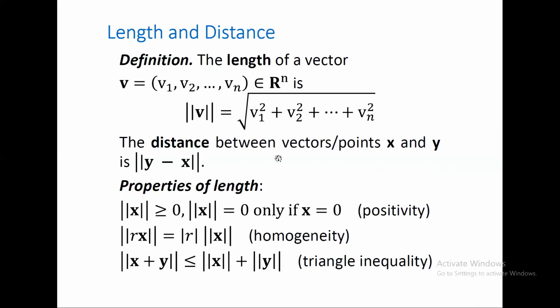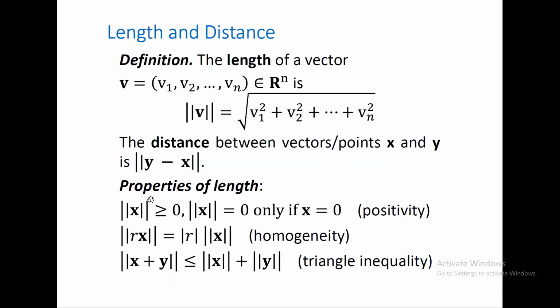The distance between two vectors or points x and y can be written as double mod of y minus x. Then we have properties for the length.